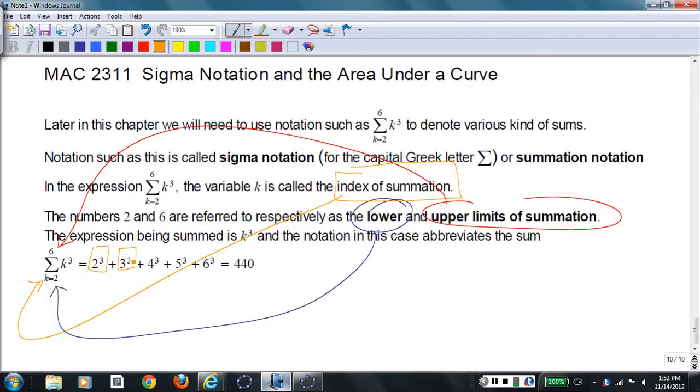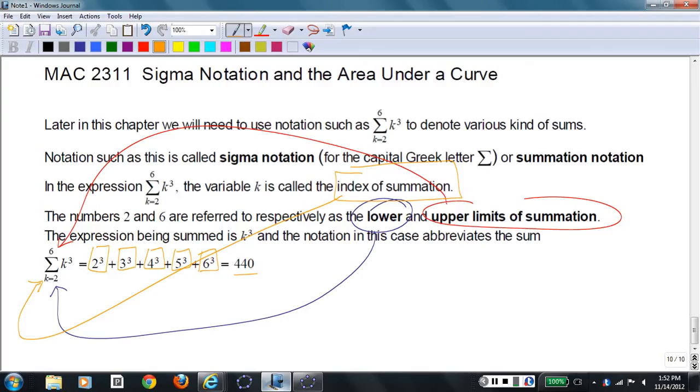Now the increment is 1 each time. Plain vanilla sigma notation. Increase it to 4, increase it to 5, increase it to 6, and then stop, because 6 is the upper limit of summation. And then the value of the sum is what we get when we crunch all those numbers. Hopefully I did that correctly to get 440 as the value of that sum.